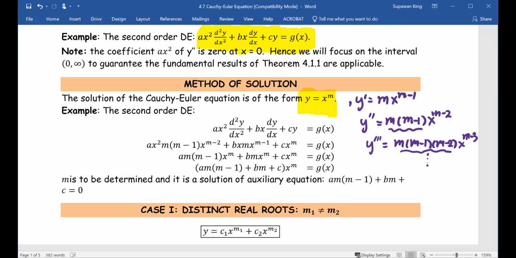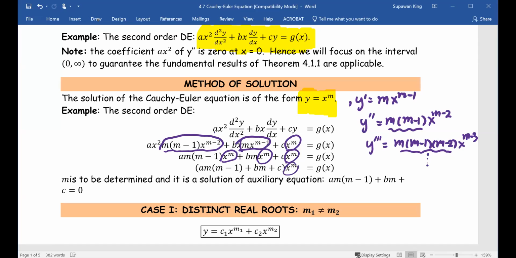When you put them together, second order with coefficient a, we have the second derivative, the first derivative, and the solution form itself. If you multiply the first derivative by x and the second derivative by x squared, you get a common power of x for all terms.